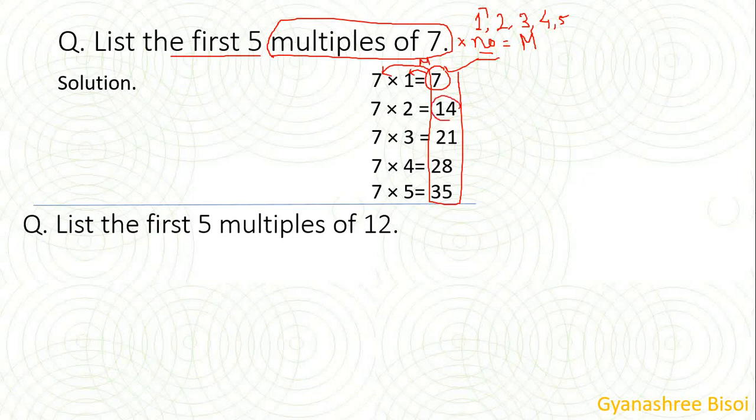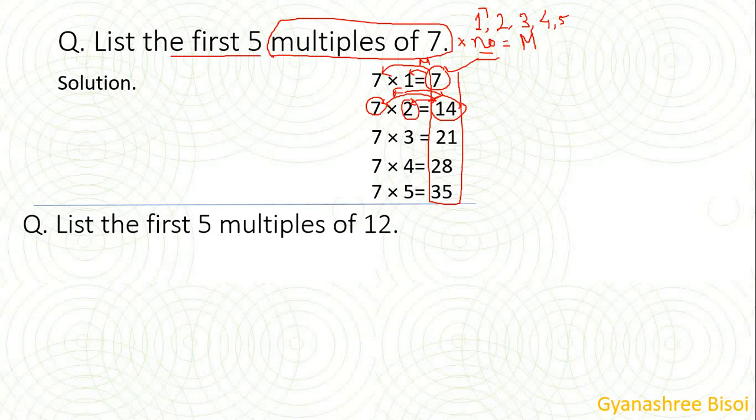Here 14 is a multiple of 7. That means 14 is a multiple of 7 and 2. We can also say 7 and 2 are the factors of 14. 14 is the multiple of 7 and 2, but 7 and 2 are the factors of 14.